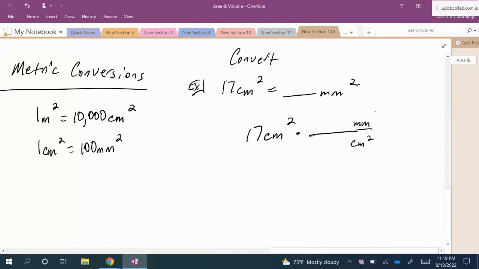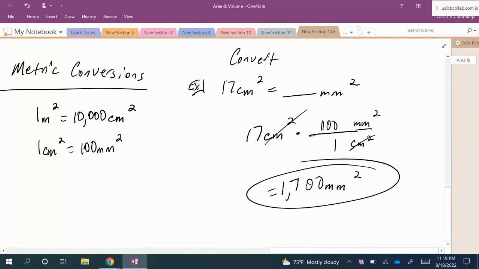I'm going to put millimeters squared in the numerator. And from our conversion, 1 square centimeter is equal to 100 millimeters squared. So once we perform our multiplication, the centimeter squared cancels. So we have 1,700 square millimeters.